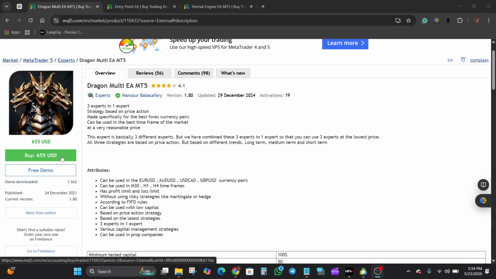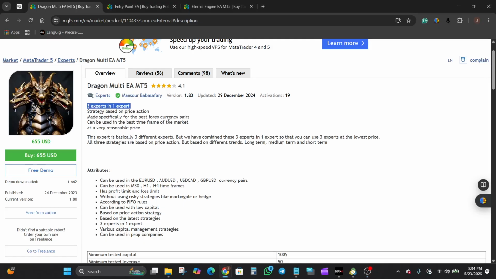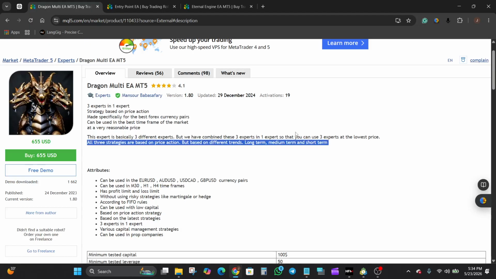Now, the first thing the developer highlights here is that this is basically three different experts combined into one EA. According to the description, all three strategies are based on price action, but they operate around different market trends, including long-term, medium-term, and short-term behavior.